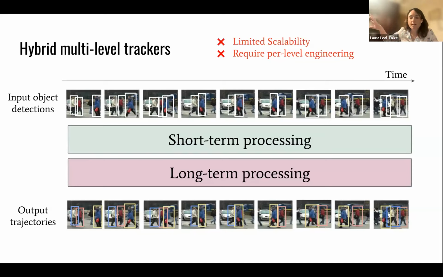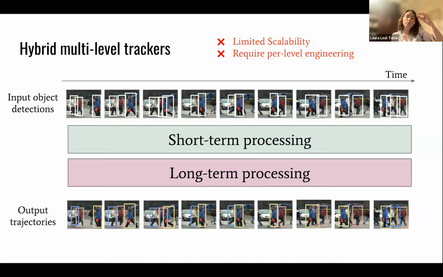You find it somewhere hidden in implementation details where it's written, oh yeah, we use a re-identification model to solve long occlusions, done. And it turns out that when we analyzed the literature, we found that actually all trackers are hybrid multi-level trackers. But each of these processing levels, short-term, long-term, even mid-term sometimes, are different.